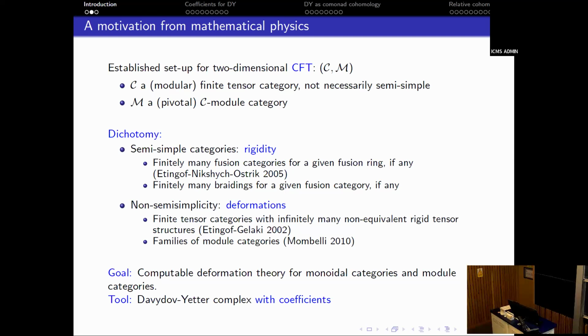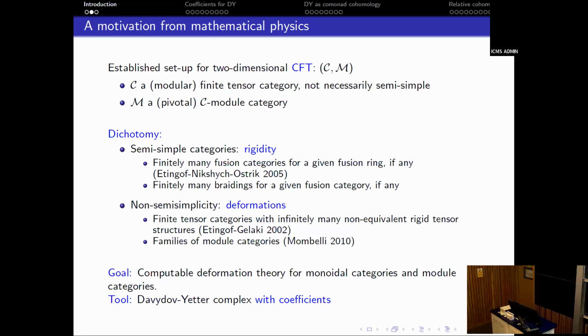On the other hand, in a non-semi-simple situation, which becomes interesting in CFT due to the logarithmic CFTs, there are cases known where you can find infinitely many non-equivalent rigid tensor structures, so you can deform tensor structures. You find families of module categories, and what we want to do is study them infinitesimally in the spirit of deformation theory.